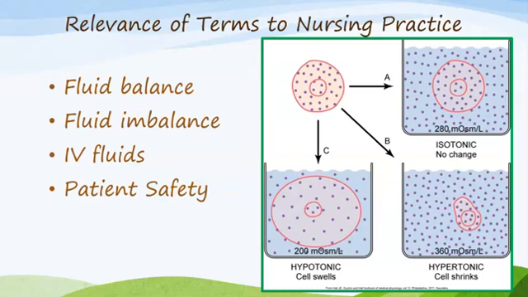Remember, an important role or function of fluid within the cell is keeping that cell's shape. Now let's take a look at how that changes when we talk about a hypotonic situation. Remember, when we have a hypotonic situation, that means that we have a low concentration. So we have low solutes in comparison to fluid. So there's a lot of fluid outside the cell.